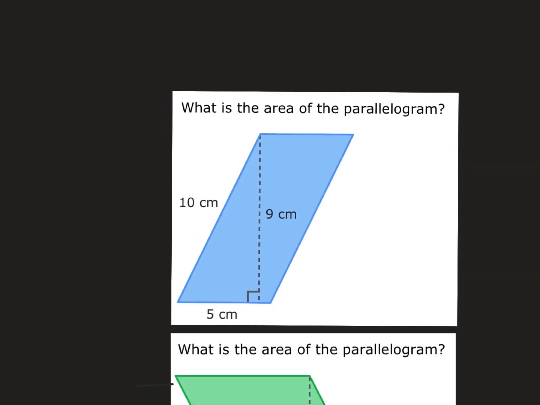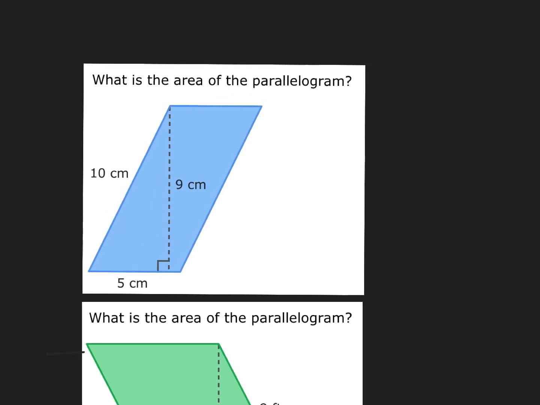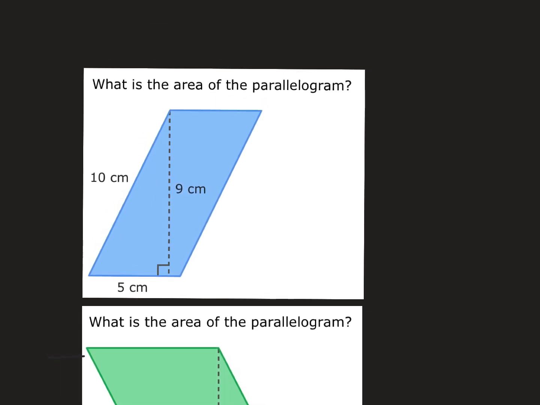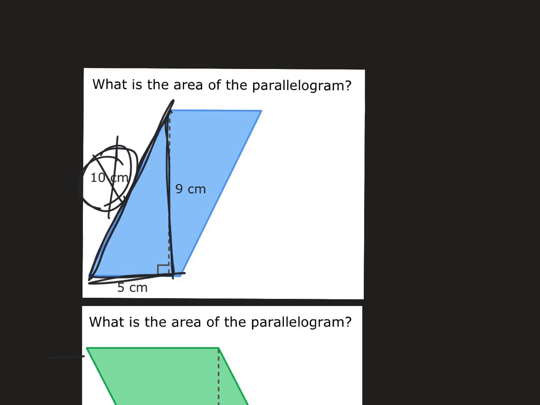So let's do a couple practice problems. What is the area of the parallelogram? With some problems, what they may do is throw this right here. This is saying the distance of this angle. We don't need that. In some ways, I tell my kids to cross it off, ignore it, because it's not relevant. All we care about is our base, or our length, and our height.